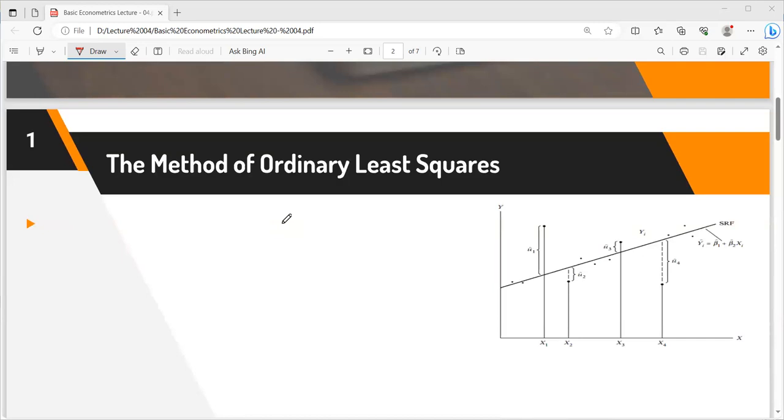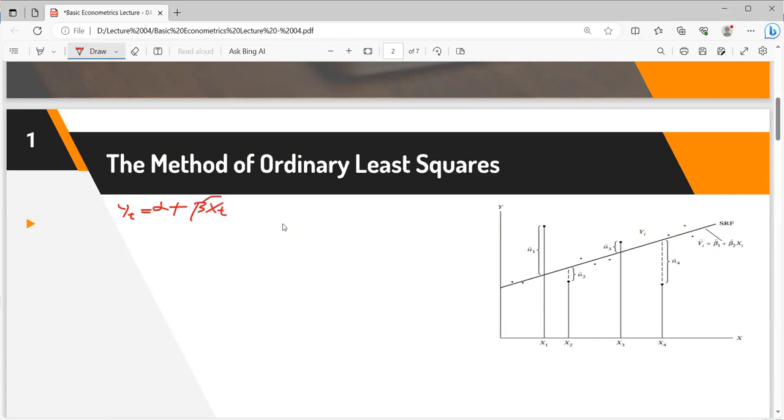If you look at the relationship between the two variables, you can write yt as a dependent variable that depends on the x variable, that is alpha plus beta xt.